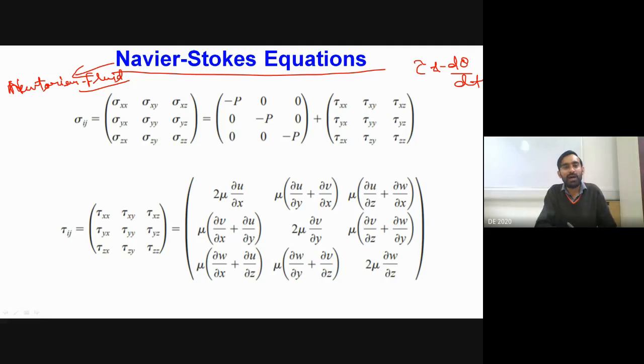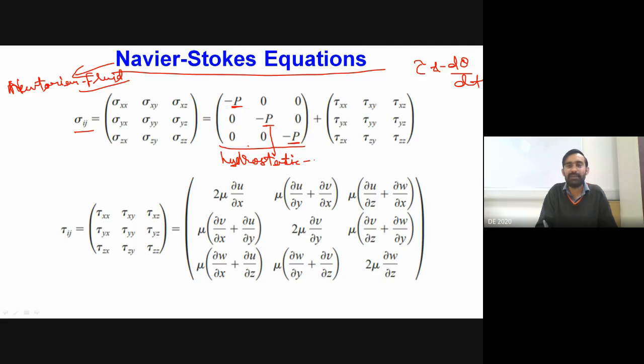The sigma term I have represented here is a second order tensor. This sigma actually has 9 components, and it consists of 2 parts. The first part includes normal stresses, where we have P as a constant value, known as hydrostatic pressure.